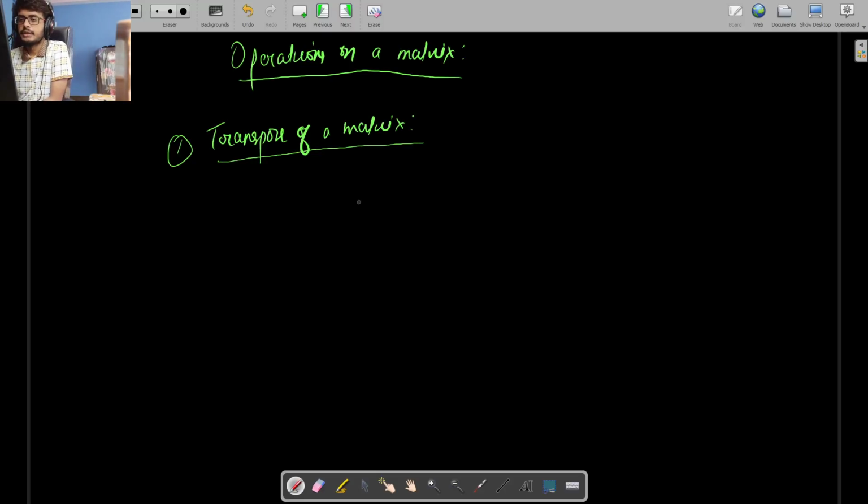So if I have a matrix, let's say my matrix is A, and I have values like 1, 2, 3, 4, 5, 6. Now, a transpose of this matrix A is represented as A with a superscript T, a small t above A. So A T is basically, you reverse the rows and make the rows columns and columns the rows.